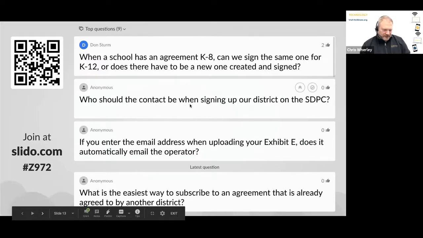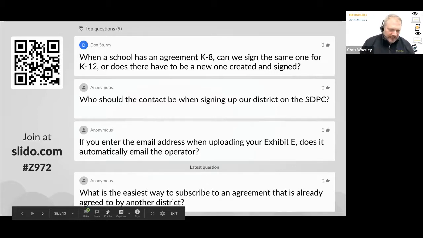Who should the contact be when signing up our district on SDPC? Ultimately, it doesn't matter who initially signs up to SDPC. You can always add other users as needed, and remove users as needed.